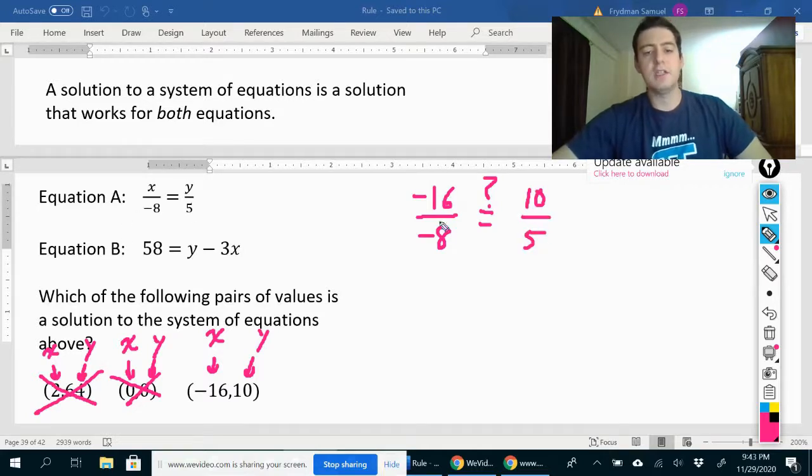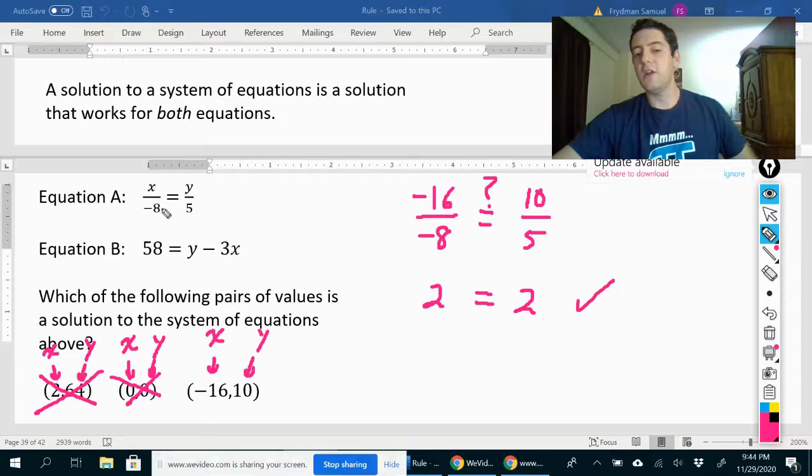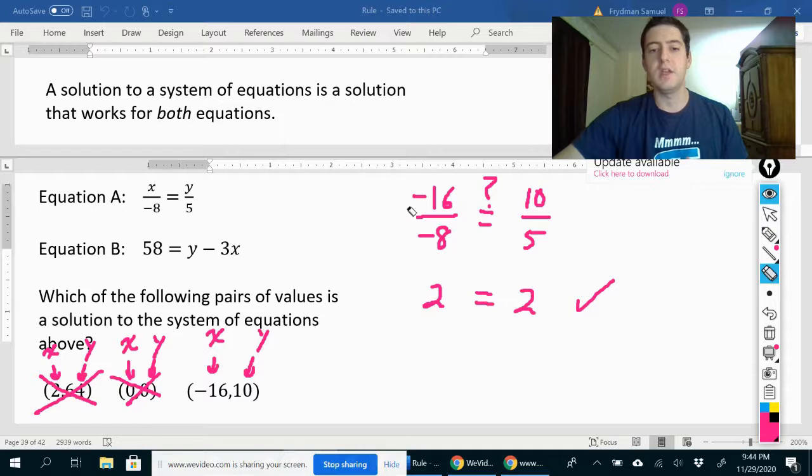Let's see, -16 divided by -8. A negative divided by a negative is going to give me a positive, so that'll be +2. And 10 divided by 5 is also +2. So yes, these are equal to each other, so it's a solution for equation A. I don't know yet if this is a solution for equation B. It has to solve both of them in order to be a solution for the system as a whole.